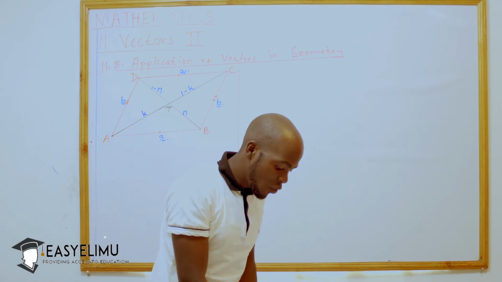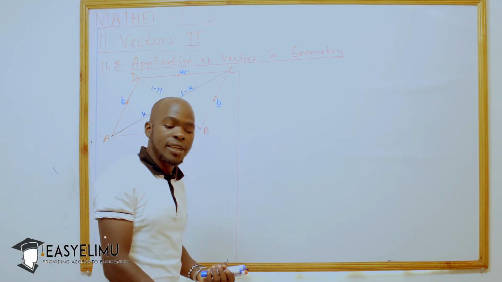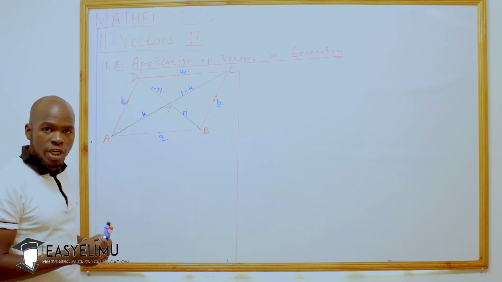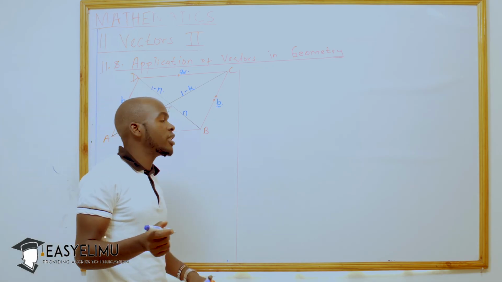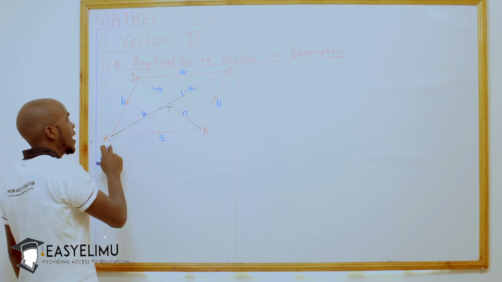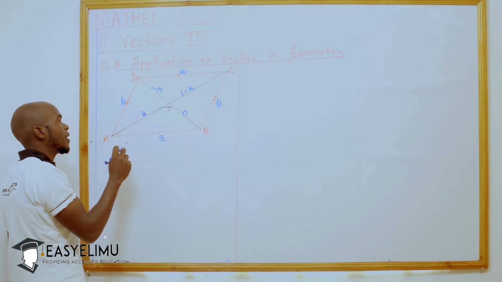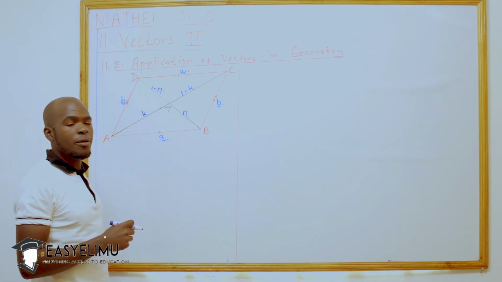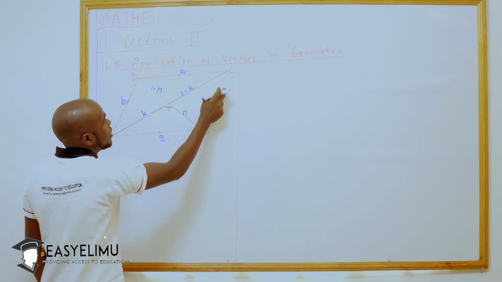Now from there, we can say we are going to find AT in 2 ways. We can find it in 2 different ways, but we are going to consider the first one as AT. Then we can also consider another path passing through ABT, or ABCT.